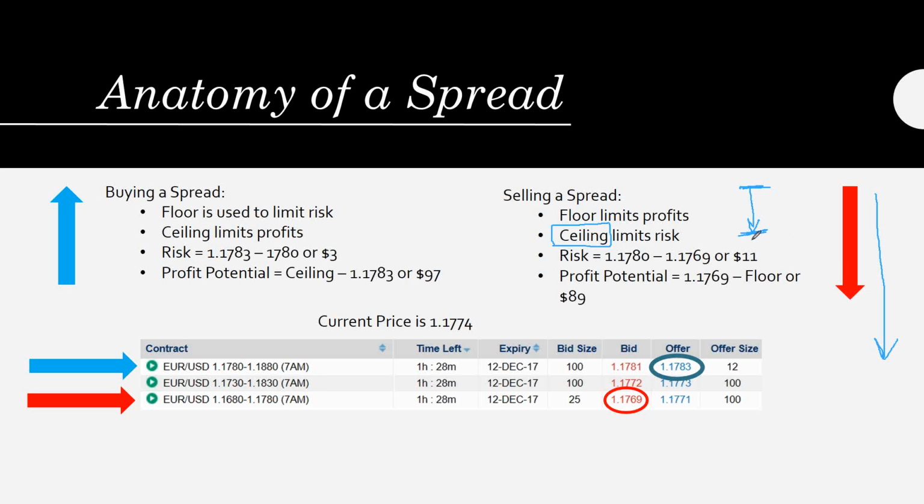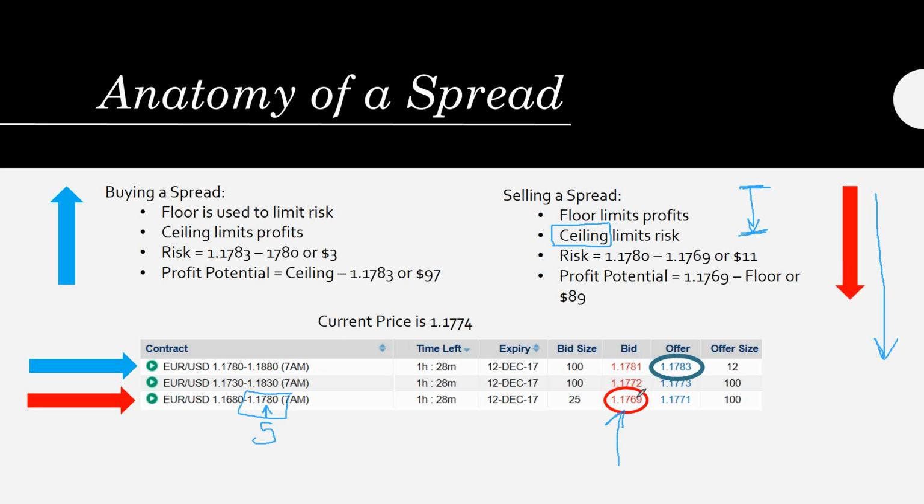So what's going to limit your risk? The ceiling limits your risk, and the floor limits your profit. Again, the red price is what you would sell, and if price is close to 1.1780, you would sell this ceiling, okay?